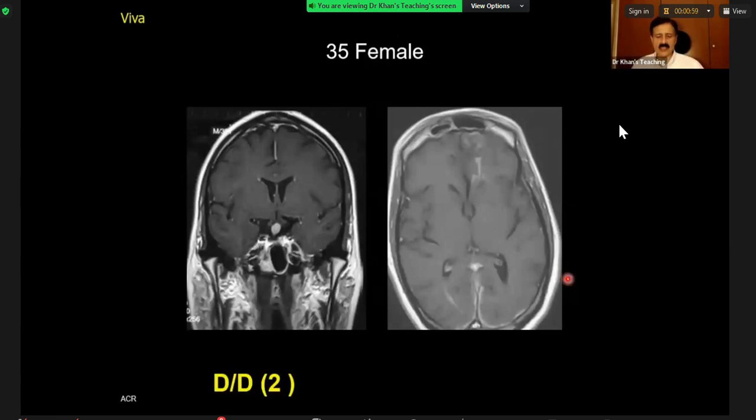And look at this case, a classical exam film of sarcoidosis. What is happening? The infundibulum is thickened. With that, there is dural thickening. With that, there is a parenchymal lesion. So the greatest mimicker in neuroradiology, which is sarcoidosis, can cause infundibular thickening, it can cause dural enhancement, it can cause leptomeningeal enhancement.